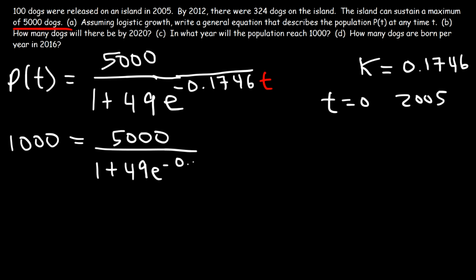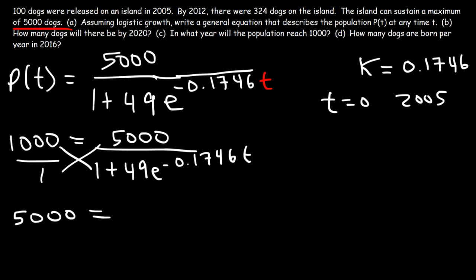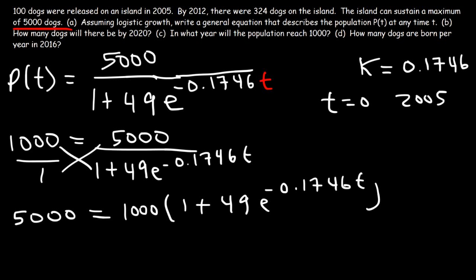The best way to do that is to cross multiply. So 1 times 5,000 is 5,000, and that's going to equal 1,000 times 1 plus 49 e to the negative 0.1746 t. Now let's divide both sides by 1,000. 5,000 divided by 1,000 is 5.